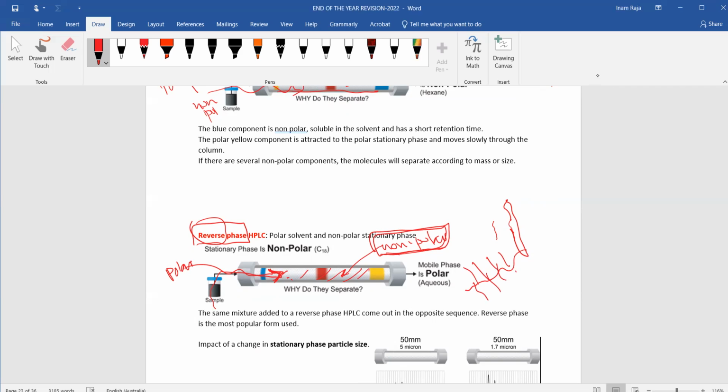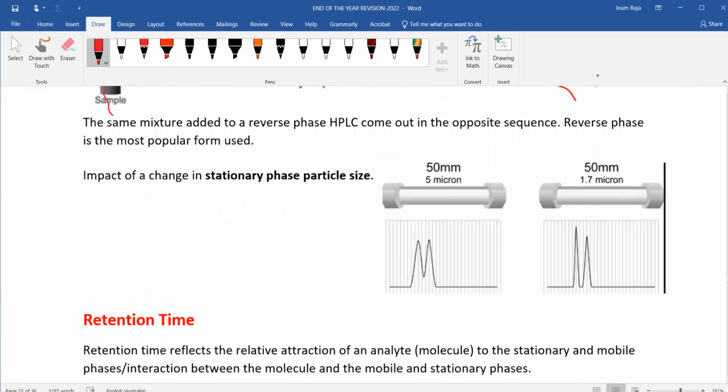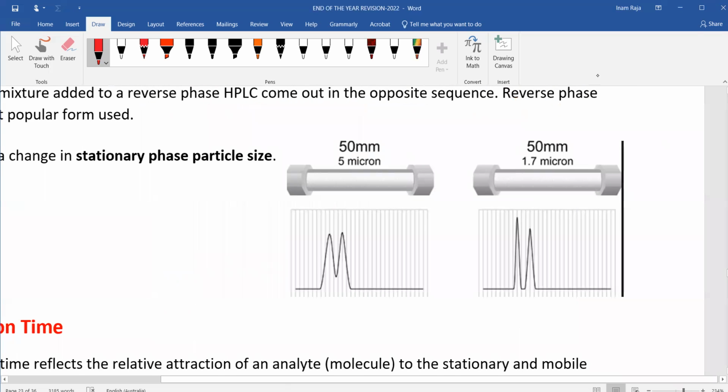So basically, the compounds which will come out slowly in the column are the non-polar ones. If both are non-polar, then the one which is larger in size will come out slowly. Now see, if the column is tightly packed, the resolution is better.